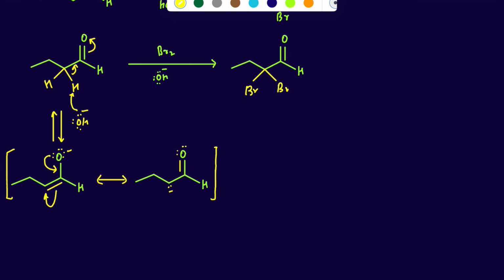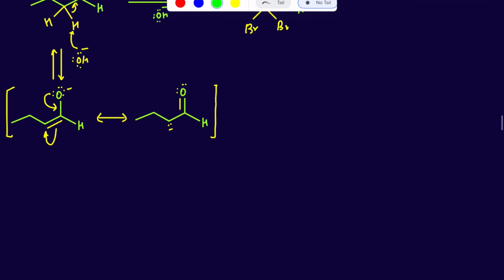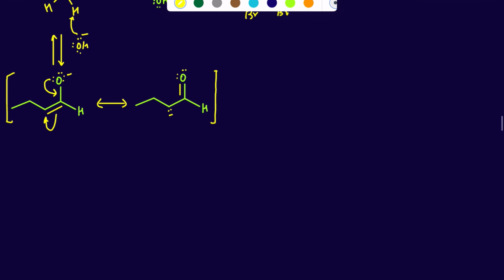So that's the enolate. This is an ambident nucleophile because you have an oxygen that has a negative charge that can potentially act as a nucleophile. And you also have a carbon that can potentially act as a nucleophile. Now, between the oxygen and carbon, carbon being less electronegative, it's more likely to act as a nucleophile. So that's why a lot of times you would see the carbon acting as a nucleophile in these reactions.